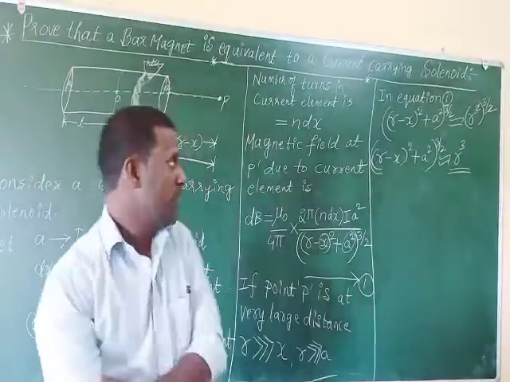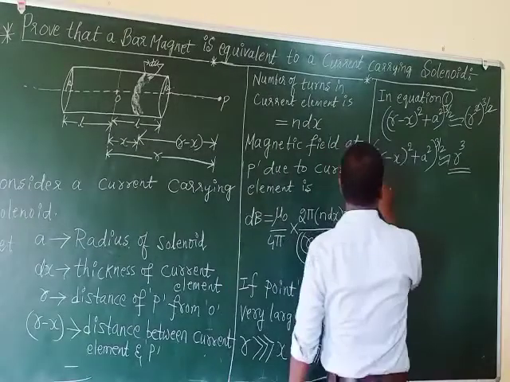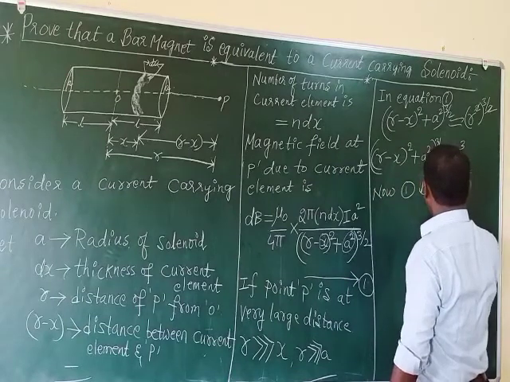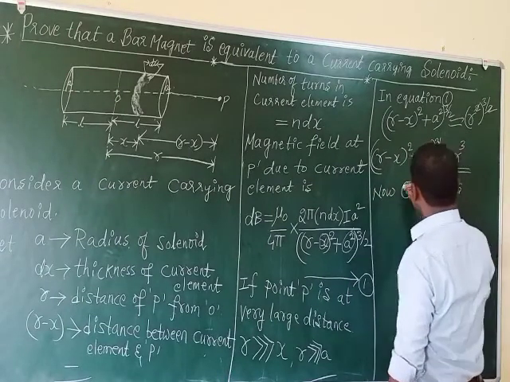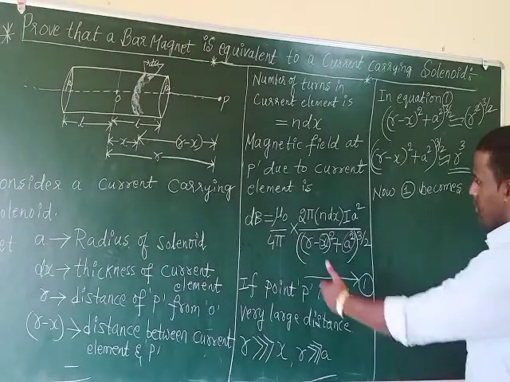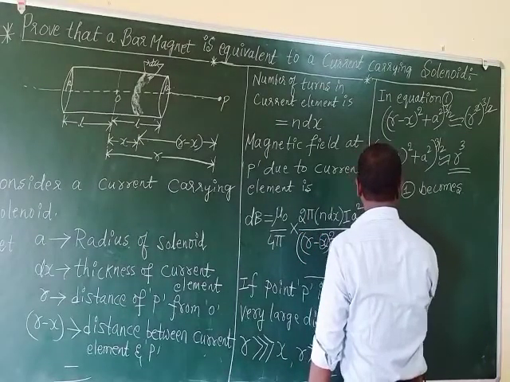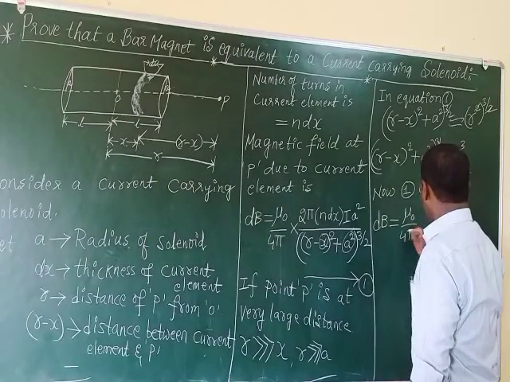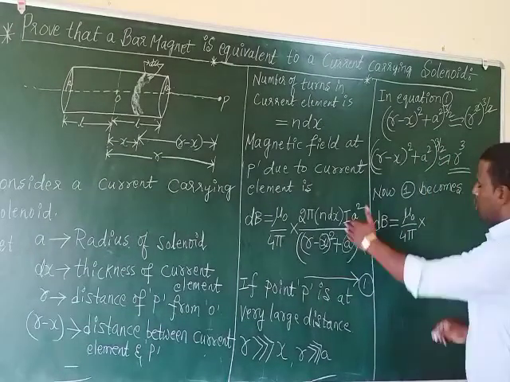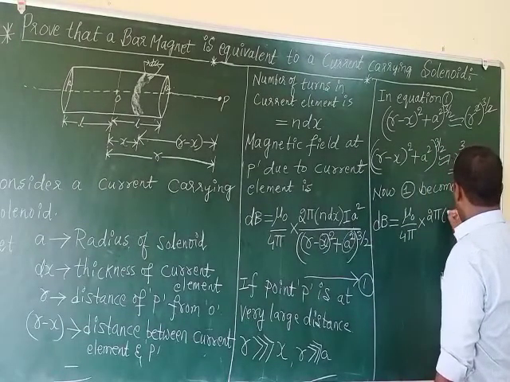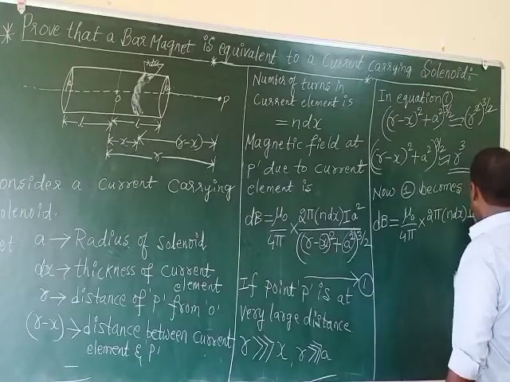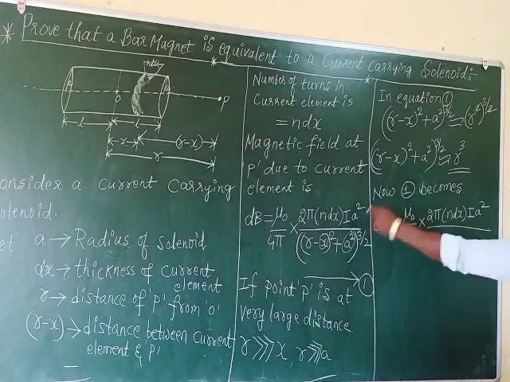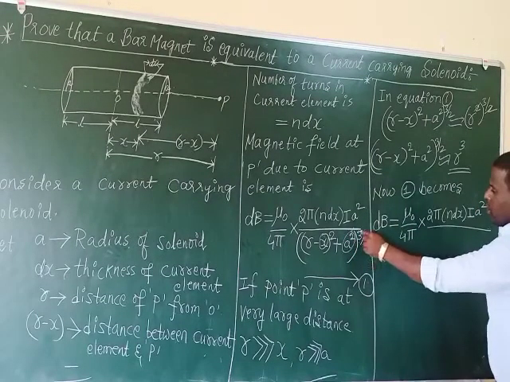So equation 1 becomes dB equals mu naught by 4 pi into 2 pi n dx I a square divided by (r minus x) whole square plus a square whole to the power of 3 by 2.